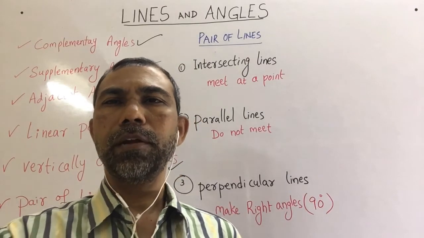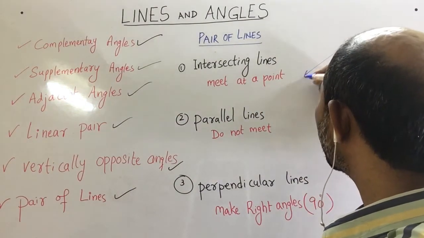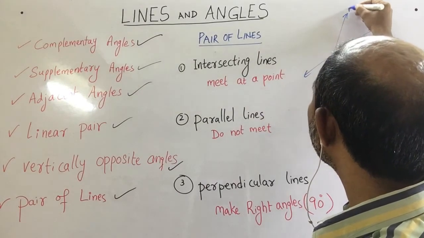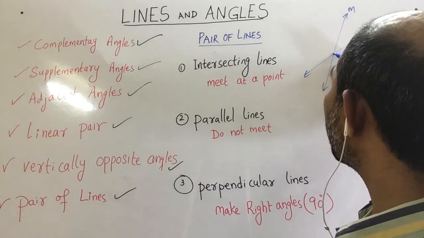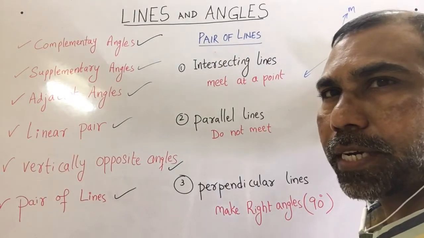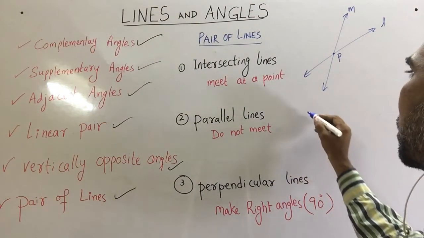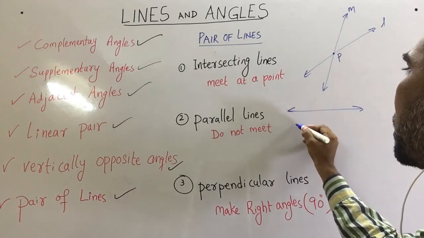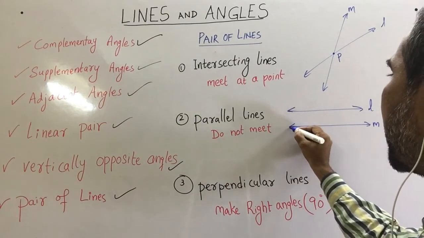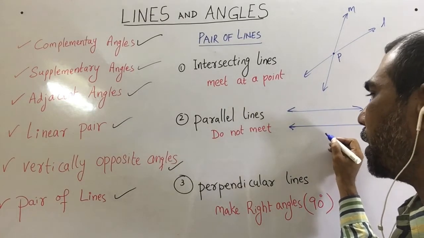For example, let us take two lines, line L and line M. These two lines are meeting at some point, say P. These two lines are now said to be intersecting lines. At the same time, if you see two lines which are not meeting, whatever length you produce them, they are called non-intersecting lines or parallel lines.